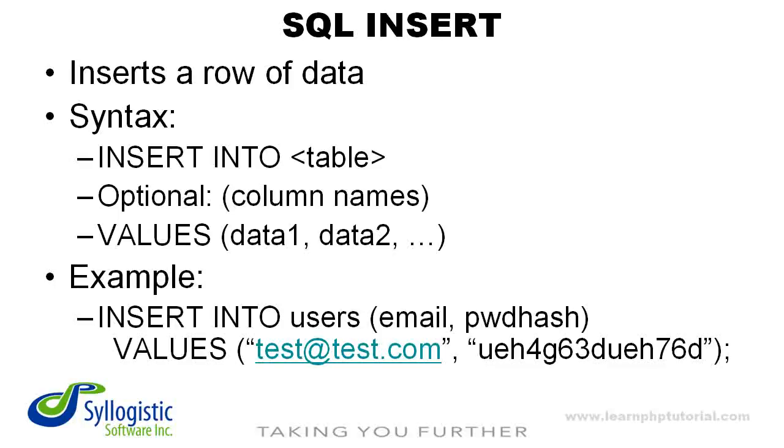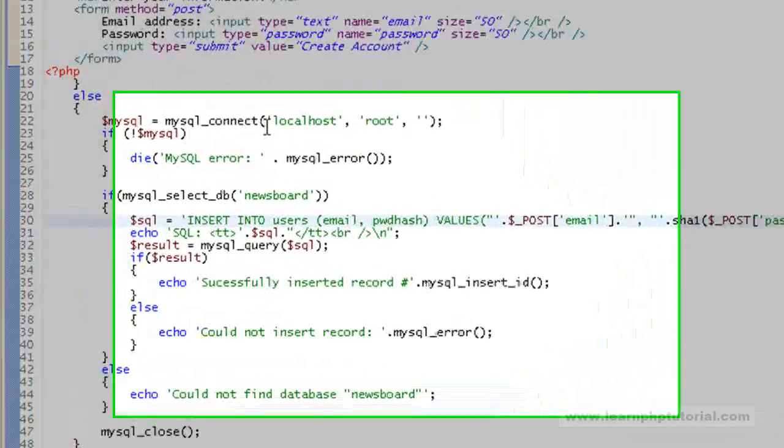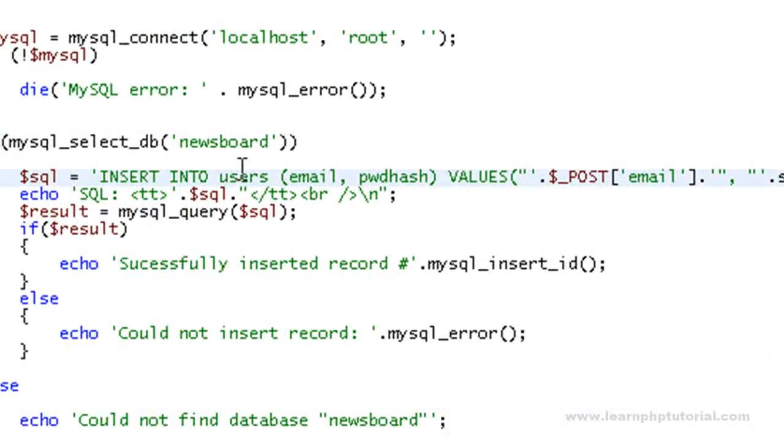Lastly, we include the data itself. Note that it is enclosed in brackets and strings are enclosed in quotation marks. So you can see that we have the table, the columns, and the data that was submitted via the form. Next, we print out the SQL statement for debugging purposes, perform the query, then check to see whether it succeeded.